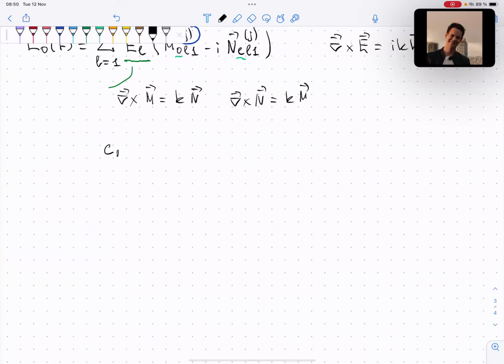For example, the coefficient C_l will be equal to J_l of x, H_l of the first kind. Here everywhere it will be the Hankel function of the first kind. Minus H_l of x, J_l of x.